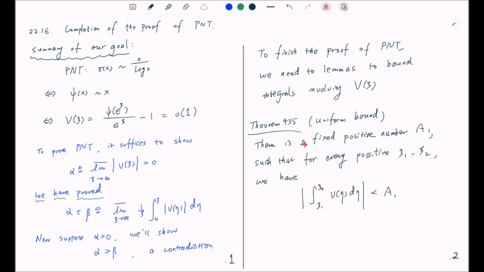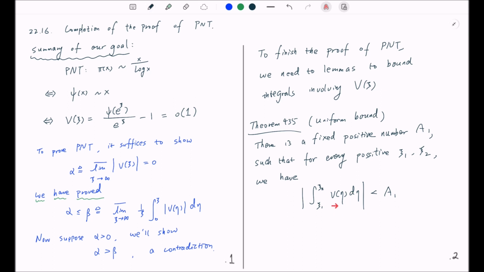Specifically, there exists a fixed positive number a1, such that for every positive number c1 and c2, this integral is uniformly bounded by this constant a1, independent of the choice of c1 and c2. Note that here, the absolute value is on the integral, not on the function.